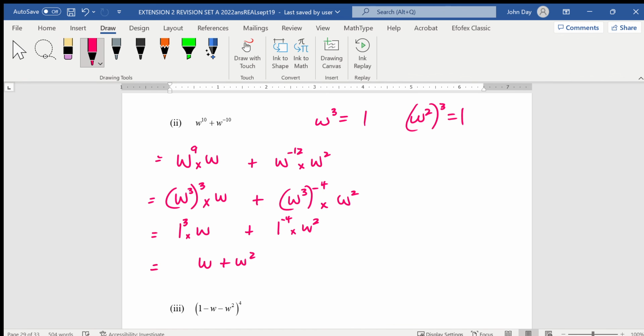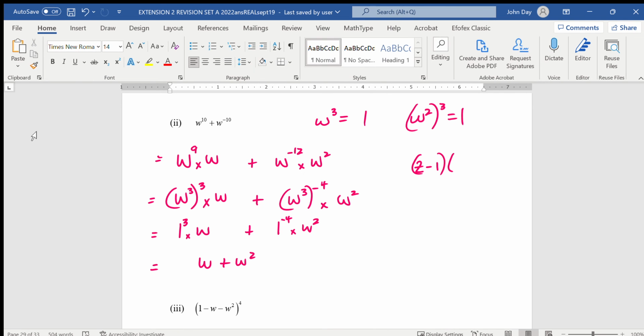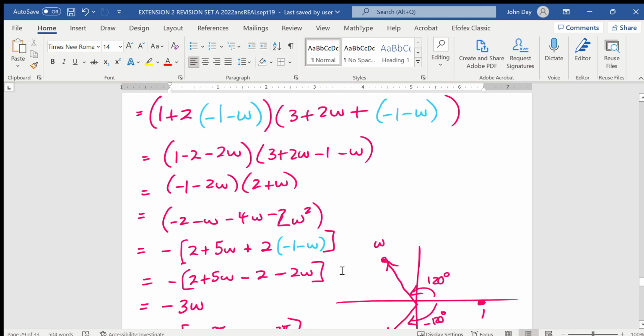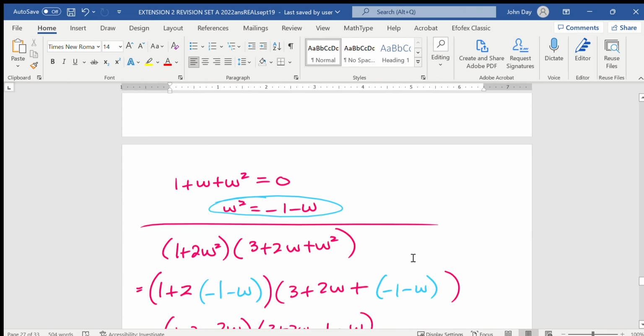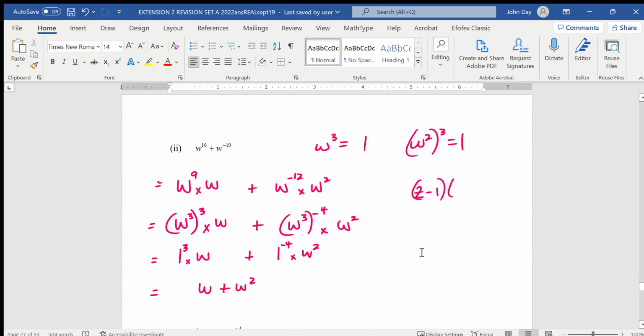Now, w and w squared, how does that all fit together? Well, you do recall when we factorized it, I'll scroll up and show you, at the beginning we said z cubed minus 1 is z minus 1 times z squared plus z plus 1 equals 0.